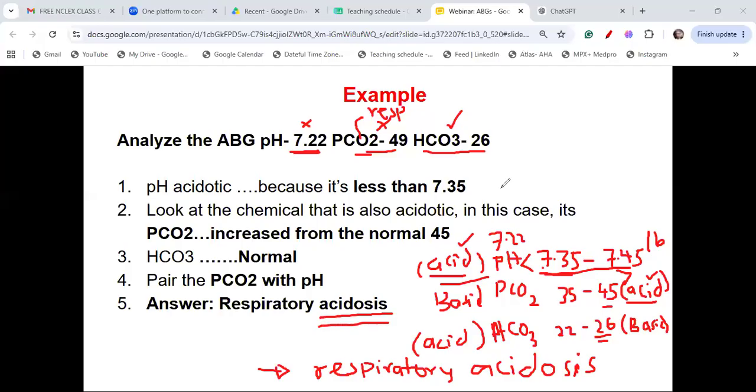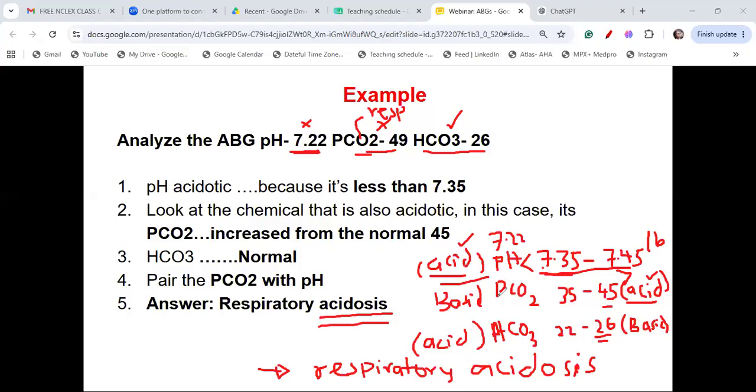The second thing is to look at the CO2 and the bicarbonates. They match acidity. So if it matches the acidosis, then that is whatever holds the problem. But the one that's not matching doesn't have a problem. It could be normal or it could be compensating.